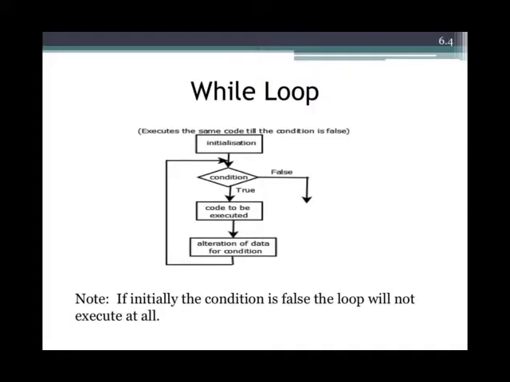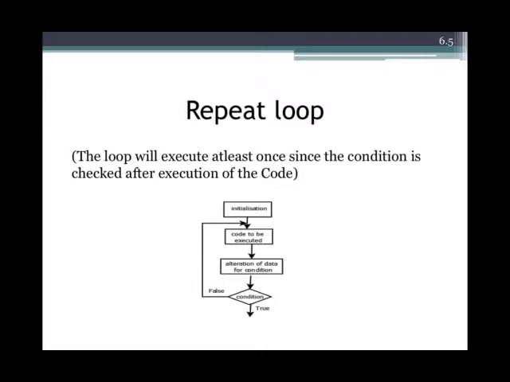In the while loop, it's almost the same, but the condition is assigned an initial value. That's the initialization. Then the loop is repeated not so much for a given number of times, but till the condition is fulfilled. In the repeat loop, as we discussed earlier, it will repeat at least once because it checks the condition after the control enters the loop.